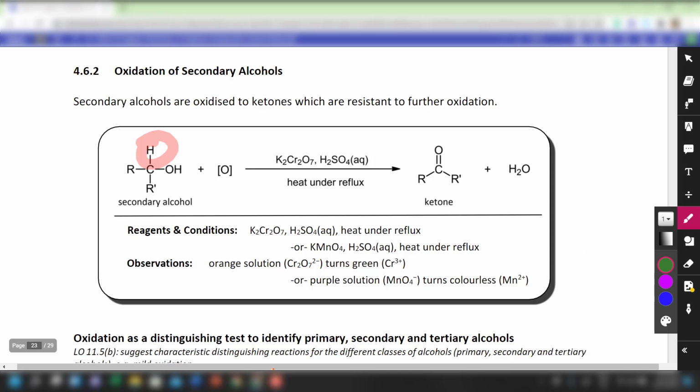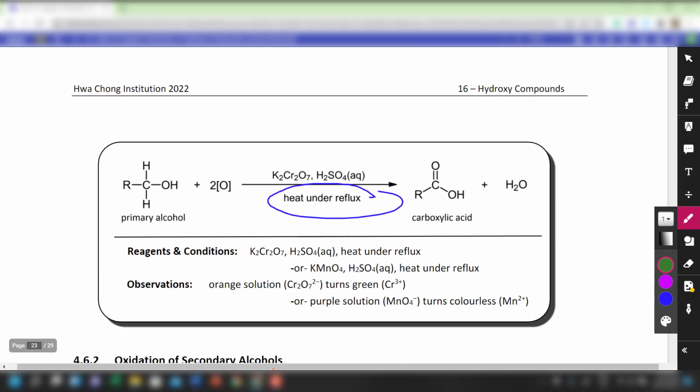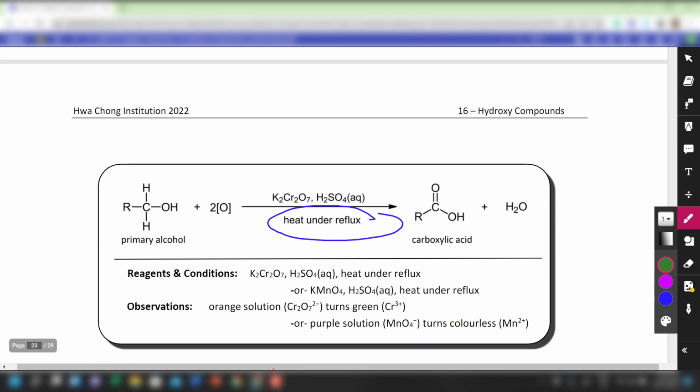I think earlier on I forgot to mention that oxidation often takes place because of activated CH bond, and the activated CH bond is due to the electron withdrawing inductive effect of the OH group onto the C. So when the CH bond gets activated, it gets weakened.